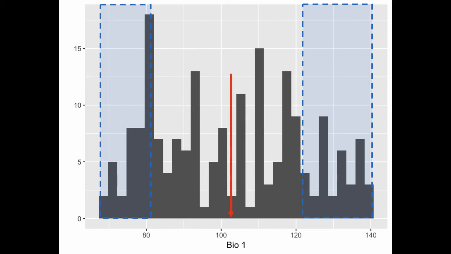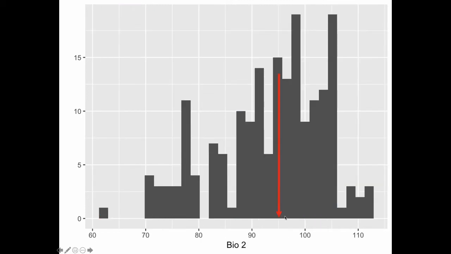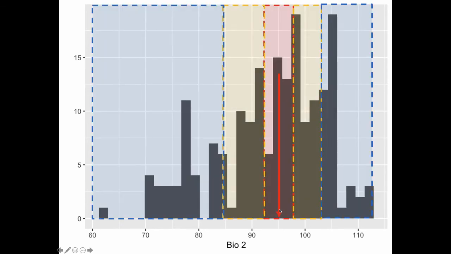And then what we would do is take the other environmental gradient, Bio 2 here, and essentially do the same thing. We'd start at the middle of that distribution, say that's the best quality habitat, then we've got the somewhat less good habitat, and then we've got the not very good habitat farther away from the center of that species distribution, right?